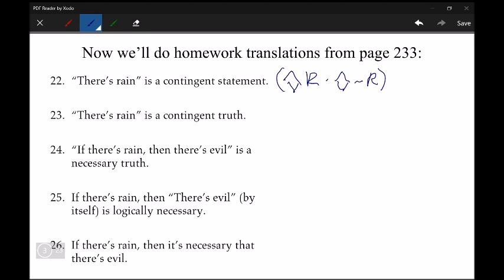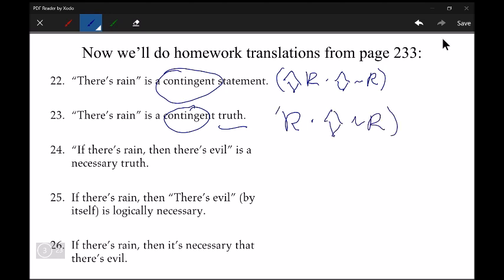So we logicians are very sharp on the distinction between contingent and possible. Possible is just the diamond. A contingent statement says could be true, could be false. Contingent truth says in addition that it's true. So it's true that R, but it might have been that not R. And there you go. So contingent truth says it's true, but might have been false.